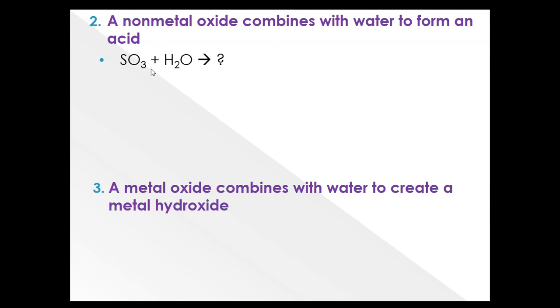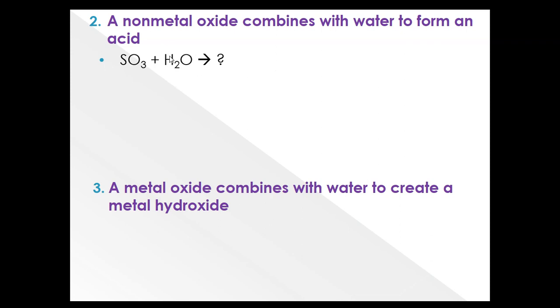So here we have SO3, a non-metal oxide, plus water is going to make an acid. And I know you guys remember that acids are anything that starts with an H except water. So I know that my acid is going to start with H. Well, how do I know the rest? We're going to do something called the squeeze method, and we are going to squeeze this whole thing together.